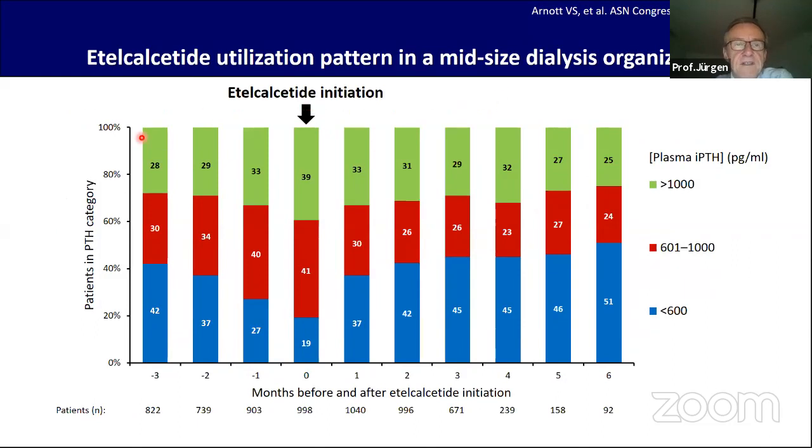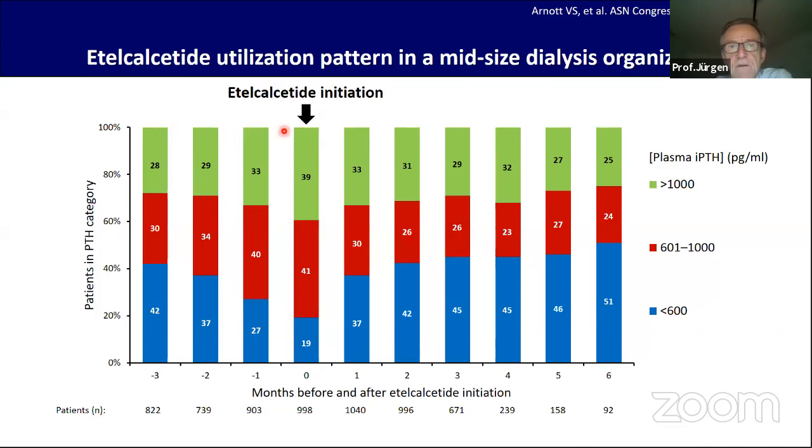This is PTH. So PTH was controlled below 600 in 40 patients at month -3 before the switch. 30% had a high PTH, 28% a very high PTH.